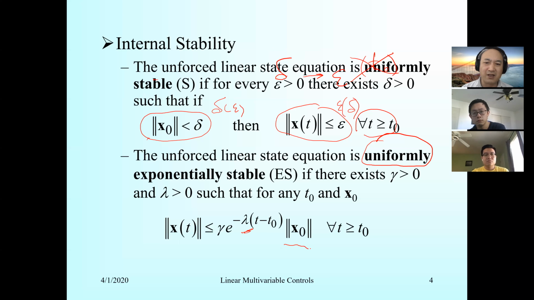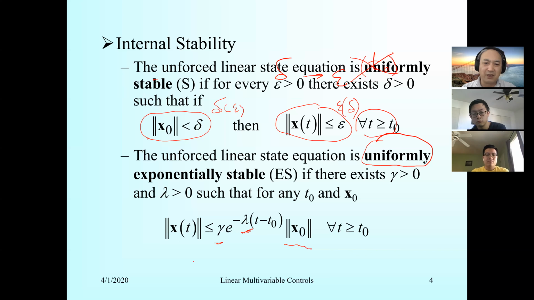This is the size of your initial state, and there is another gain, gamma. If you can find gamma and lambda such that all state trajectories stay within this bound, then we call this exponential stability.